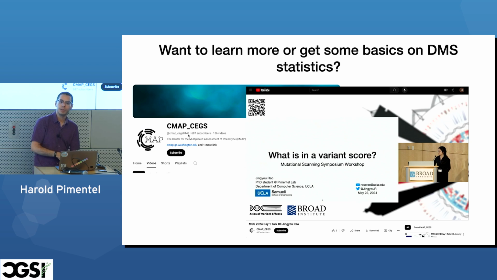Turns out there are a lot of people who care about deep mutational scanning, and there are not that many computational people working on it, relatively speaking, yeah? And my student, whose work this mostly is, Jingyao Rao, gave a really great talk there a few months ago called What is an Invariant Score? It gives a high-level overview of the actual statistical problems there.